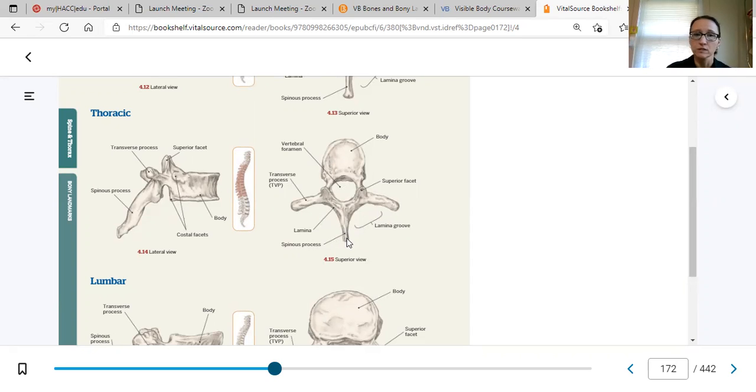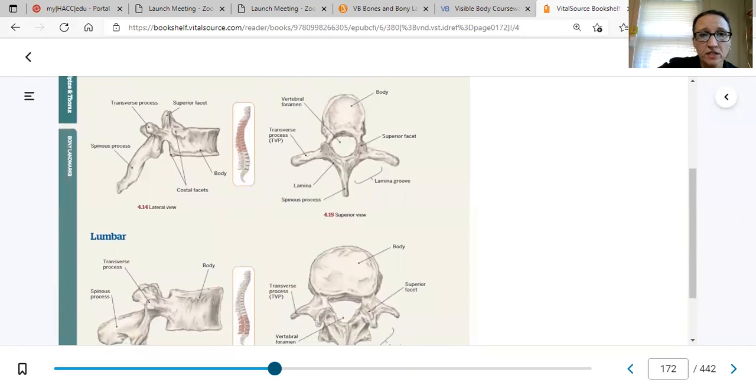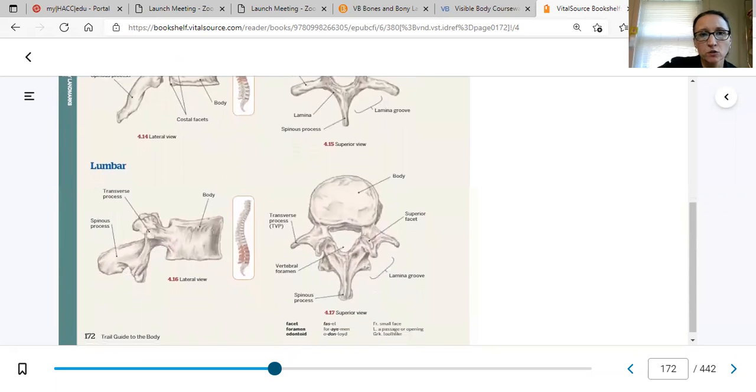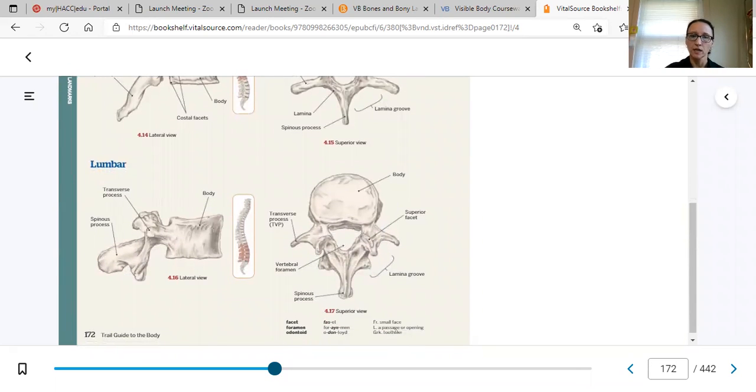No bifurcation on the spinous process at all because we don't have the ligamentum nuchae extending into the thoracic vertebrae. It just doesn't. And there are 12 of those, and they get a little bigger as we go towards the lumbar vertebrae, which you can see right here, even larger bodies, right?